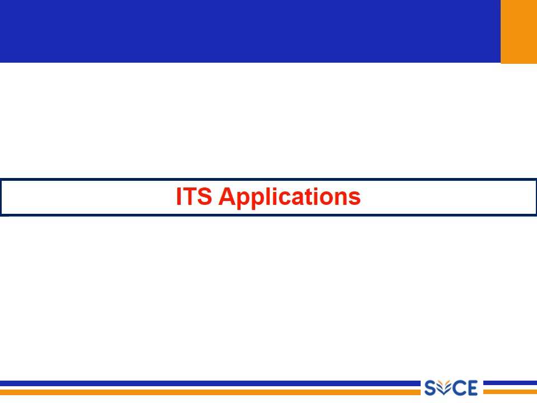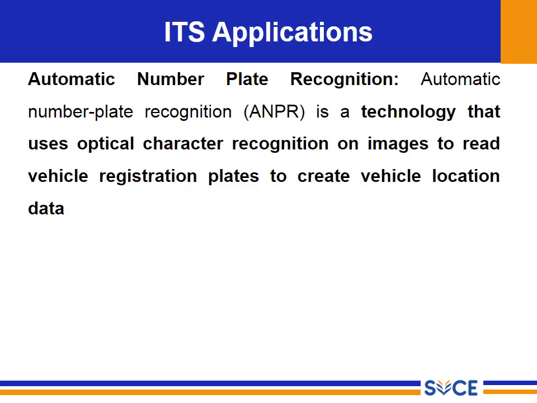Here also many ITS applications are there, which we can use effectively for smooth movement of traffic. These ITS applications can also be incorporated in this code book. Automatic number plate recognition: what does it mean? It automatically detects and records the number of any vehicle violating the rules.